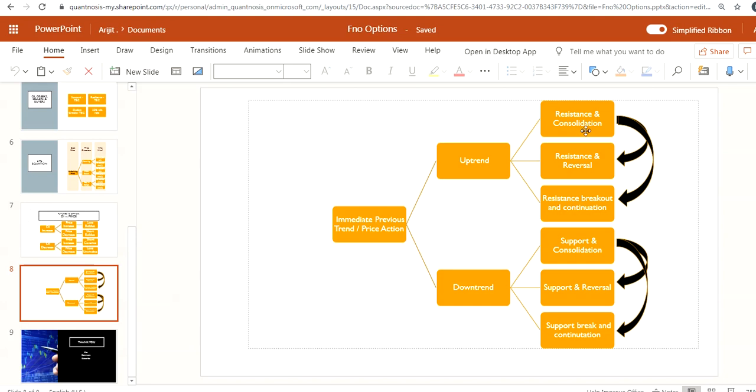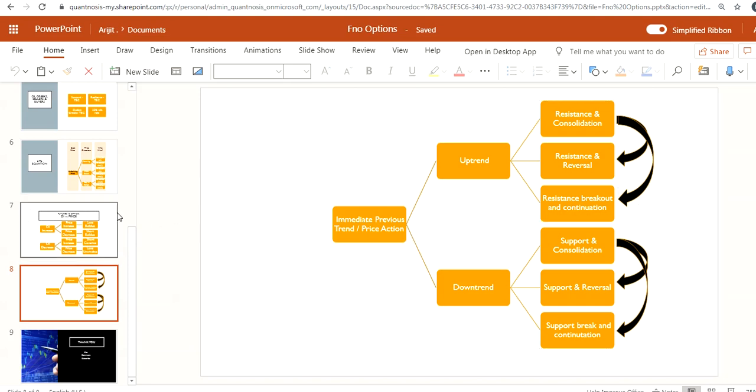So when the price is consolidating, in all the cases option buyers will lose the value of the premium slowly over time because of theta decay, and on expiry the premium will become zero for all out of the money and at the money contracts. Which means only in cases when price is actually moving, whether it is going up or down, should you choose to buy options.